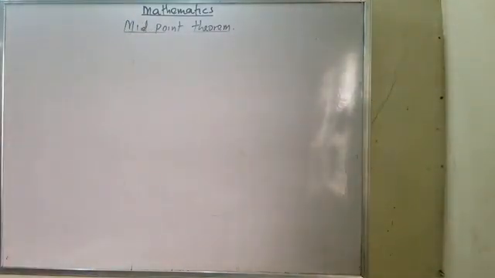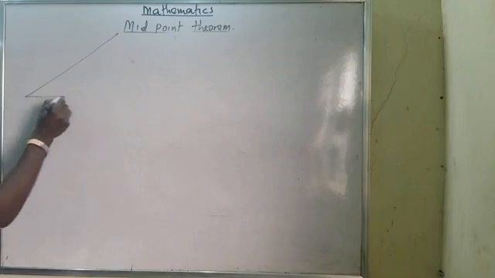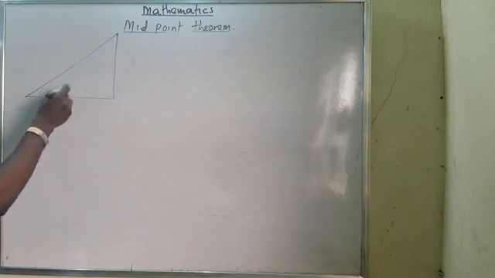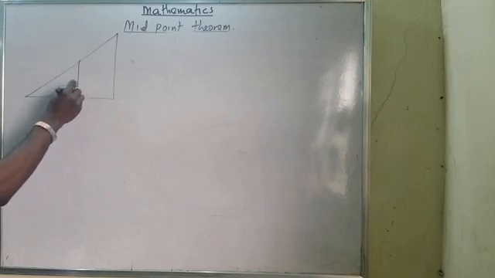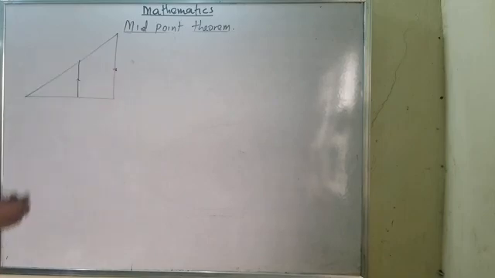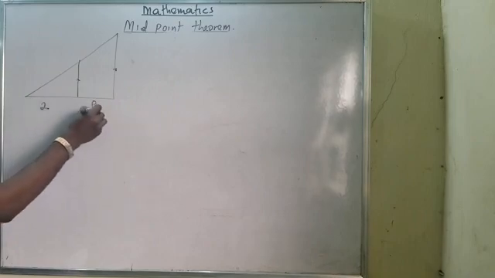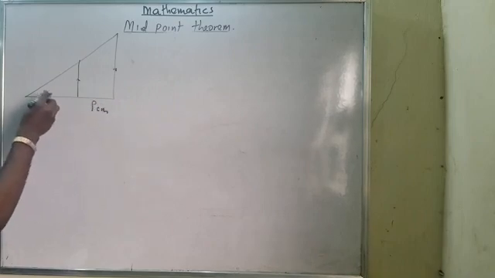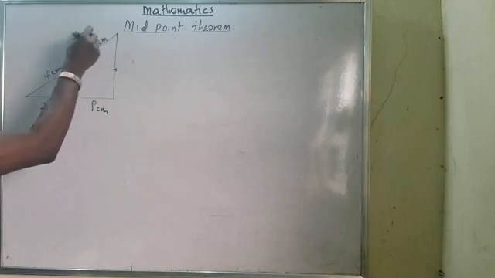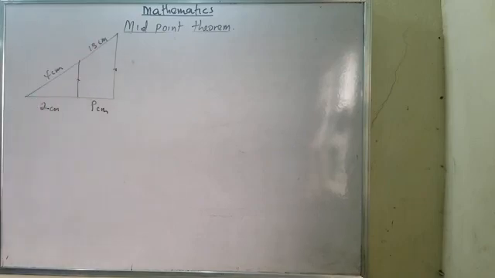Okay, if I have this type of triangle, I have something like this, I have something like this. Now, this is parallel to this. I call this place 2. This is P, they are all in centimeters, and 4 centimeters and 13 centimeters. You are now asked to find P.